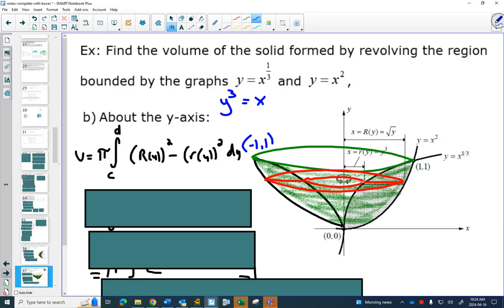That first equation, y is the cube root of x. If you wanted x equals, you'd have to cube both sides. Agreed? The second one, if you wanted x equals, you'd have to square root both sides, which would give you plus or minus the square root of y. But you only have the positive part, you don't have the negative square root part. So now my x is the square root of y.